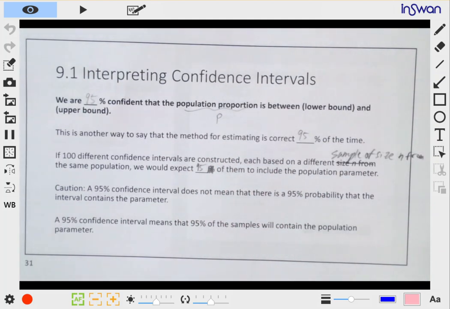So 95 times p would be in our confidence interval, and 5 times it wouldn't if we had 100 different confidence intervals from 100 samples.